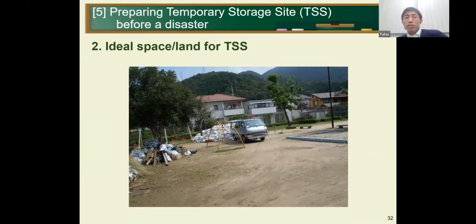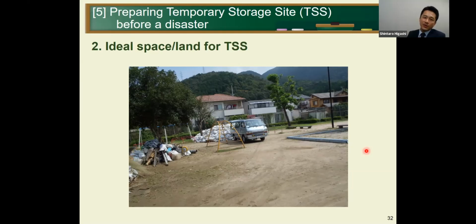This is a park, isn't it? If we use this as a TSS, children lose a place to play. That might be a good point from the relief from disaster. I also think that there seem to be many houses around, so perhaps the residents won't allow this place to be a TSS, where waste can be transferred.